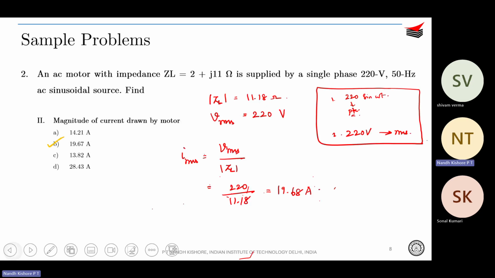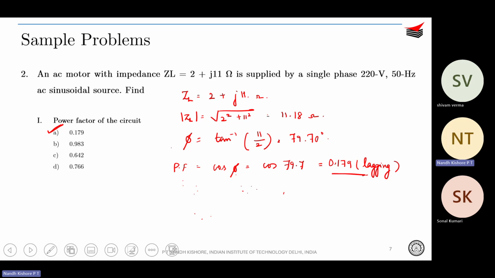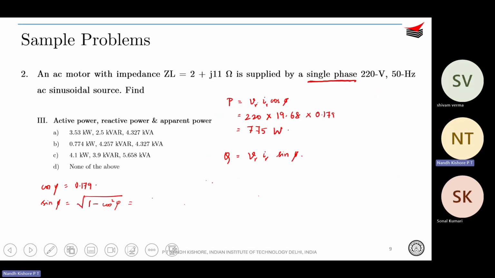Or we also know the angle previously, 79.7, so sin 79.7 would give you 0.984.